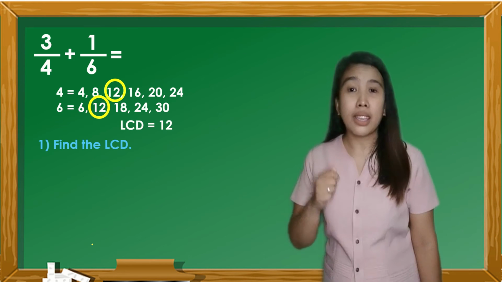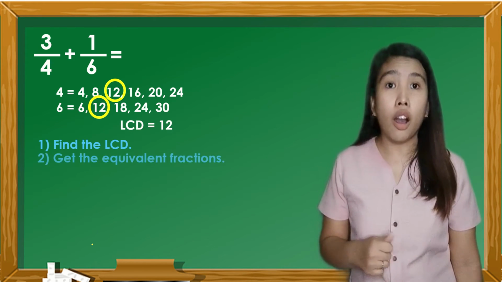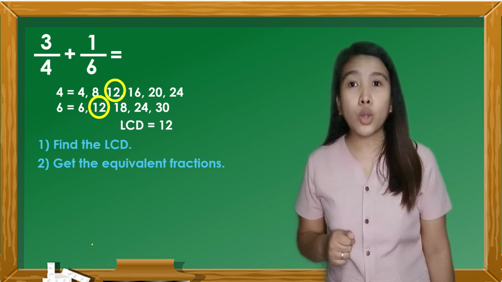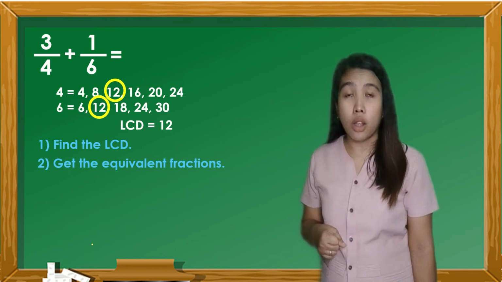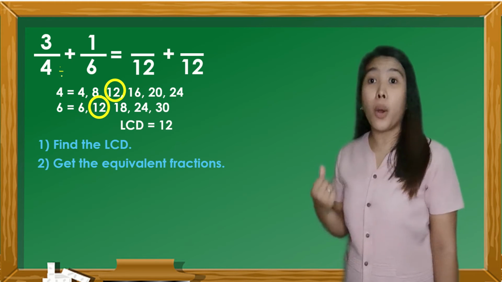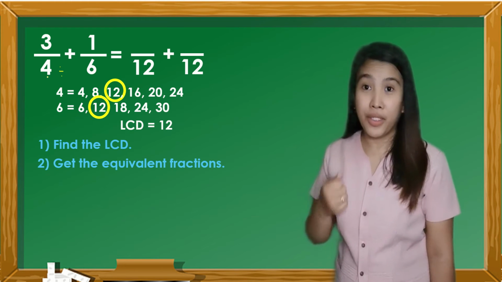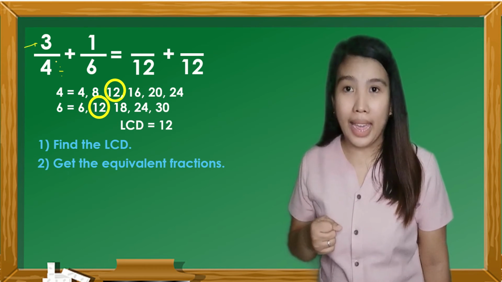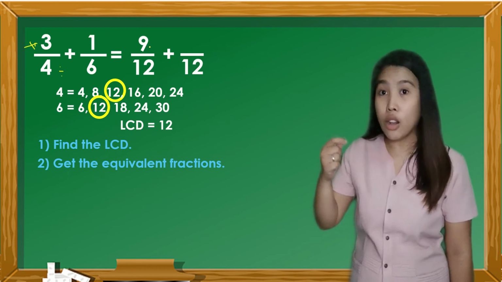Next step will be to get the equivalent fractions of 3/4 and 1/6. So how are you going to get the equivalent fractions? 12 divided by 4 is 3. 3 times 3 is 9. So we have 9 over 12.